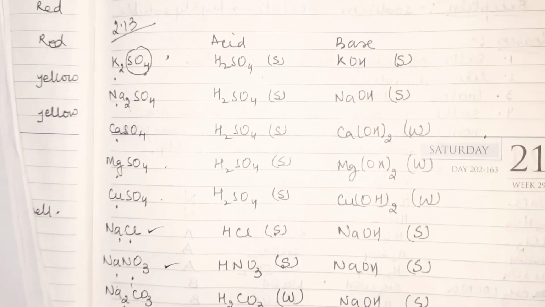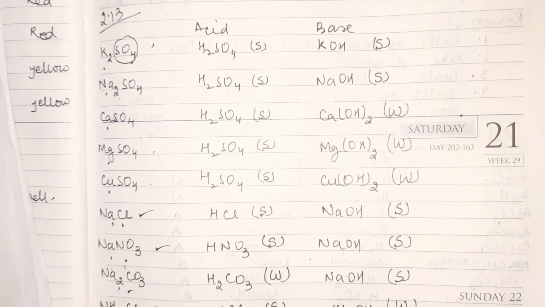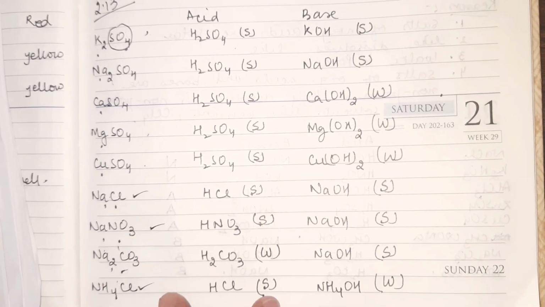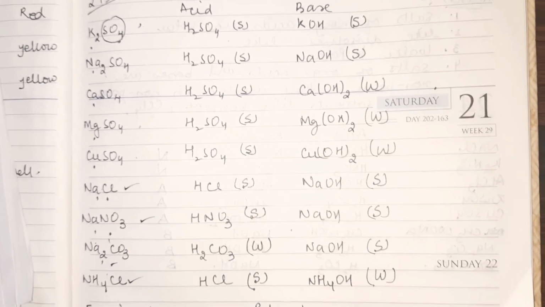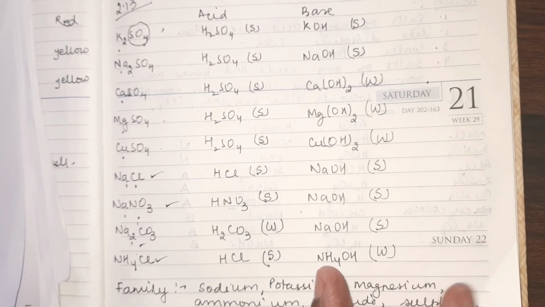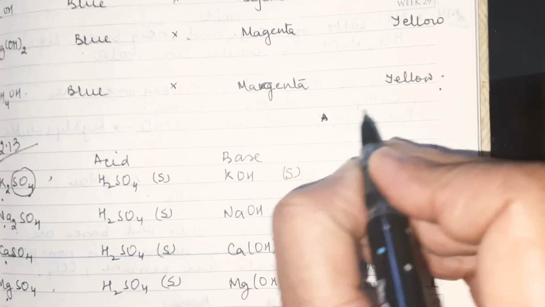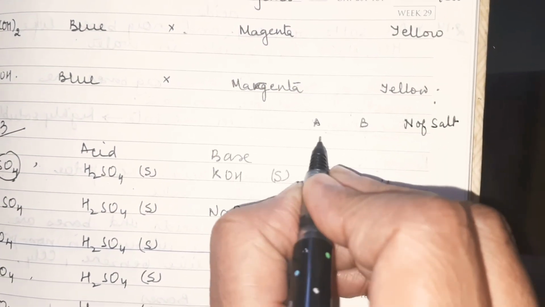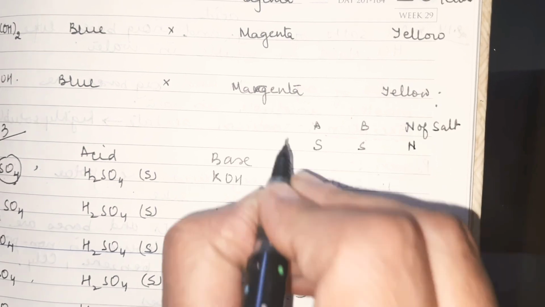So this activity is all about understanding salts and making you aware that salts are made up of two components, acid and base. In case the acid used is strong and the base used is also strong, we find that the salt is neutral in nature. Acid, base and nature of salt. If both are strong, the nature of salt is neutral.